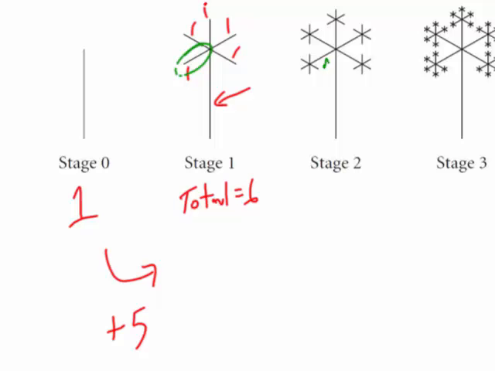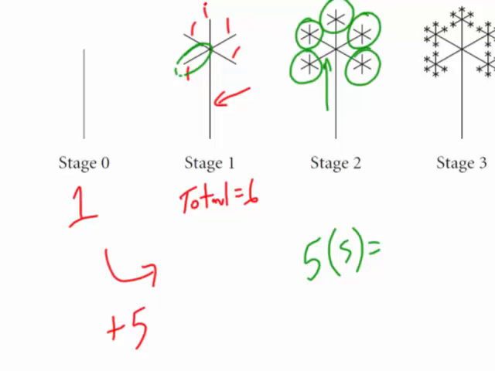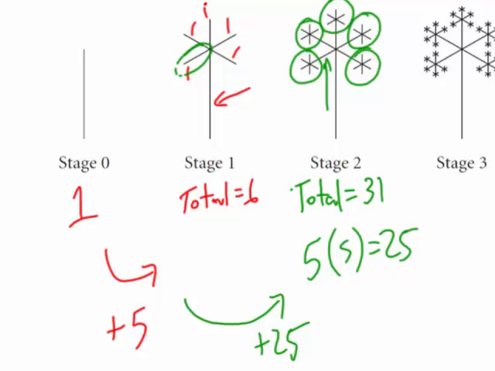So if I look at that stick right here, it just made 5 more juts off of that. And how many of those do we have? 5 of them. So really we added 25, didn't we? What's our total now? We'd be sitting at 31, right?